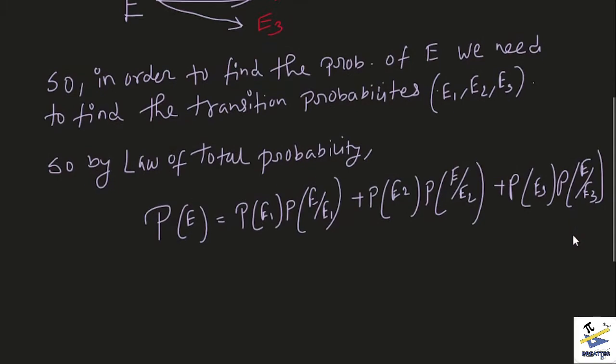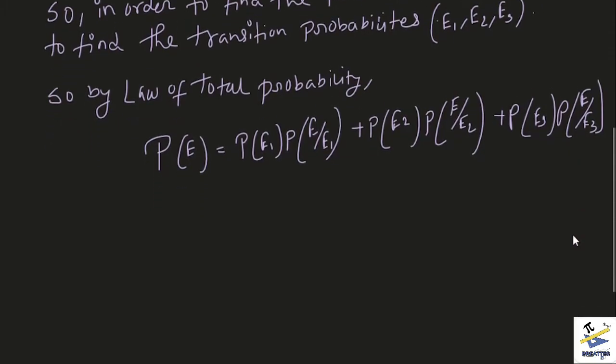So this is the law of total probability, right? This states that the probability of E should be equal to firstly the probability of E1 multiplied by probability of E given E1, right?